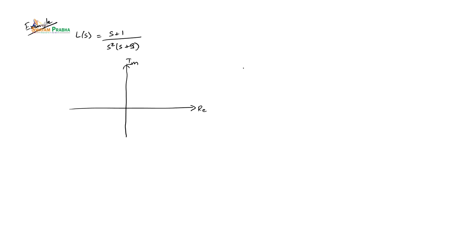So first we will draw the pole-zero map for this system, which has 3 poles and 1 zero, and this corresponds to 3 branches. 2 of them go to infinity and 1 ends at a zero of the system.